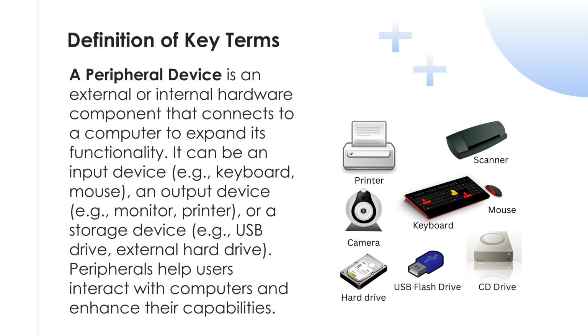It can be an input device like a keyboard or a mouse, an output device like a monitor or a printer, or storage devices like external drives and USBs. Basically, it's not the core part of the CPU, the box I mentioned earlier. It plugs in and adds a function. That's why it's called a peripheral.